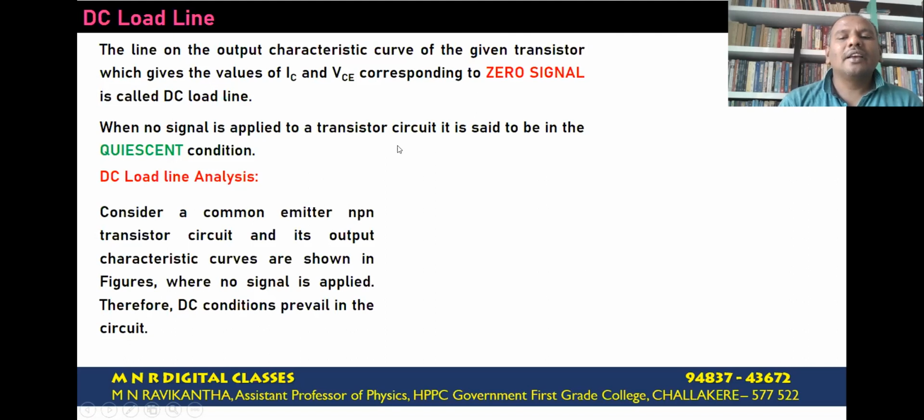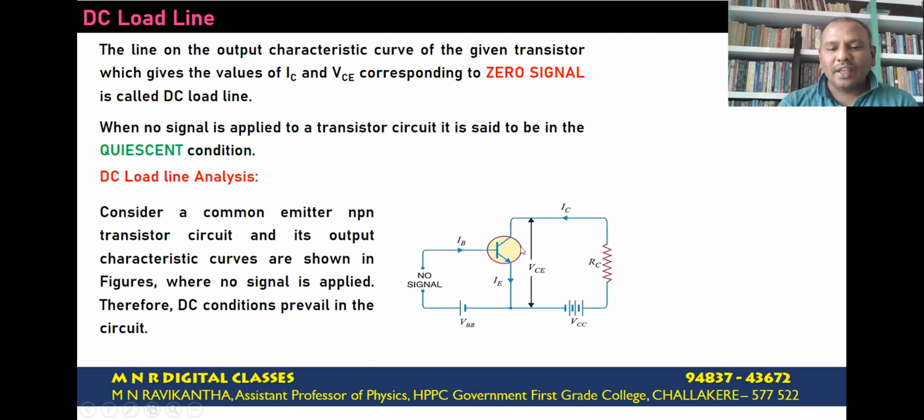Now let us consider a simple common emitter transistor amplifier, that is an NPN transistor. Here is the circuit. We have an NPN transistor in which the emitter is made common to both input and output.